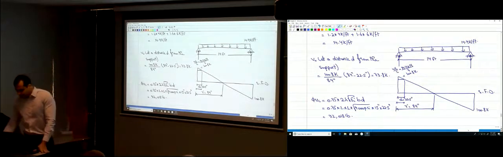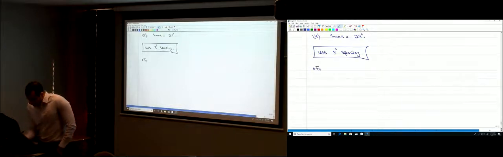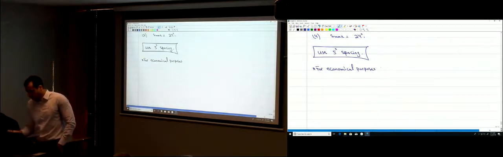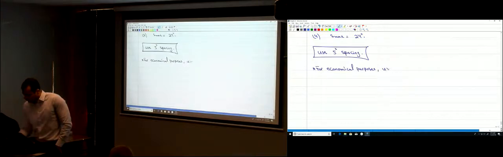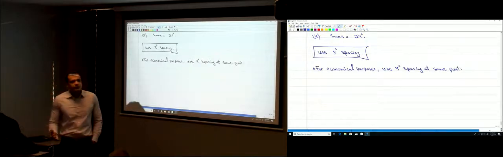Okay? So now this is what we want to do. For economical purposes, use 9 inches spacing at some point. Why did I choose 9 inches?